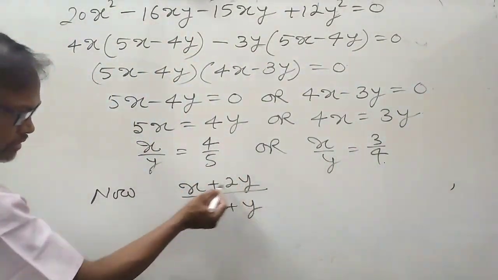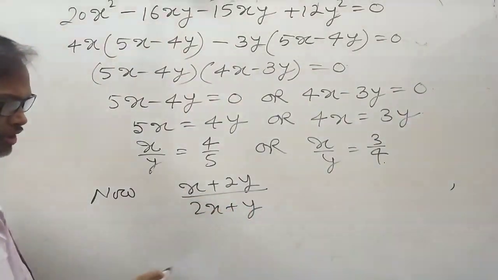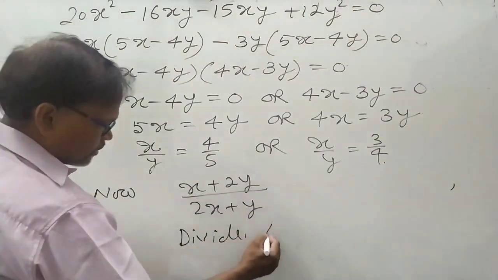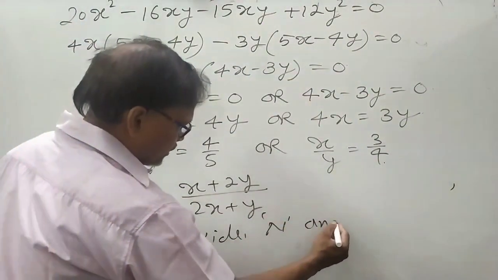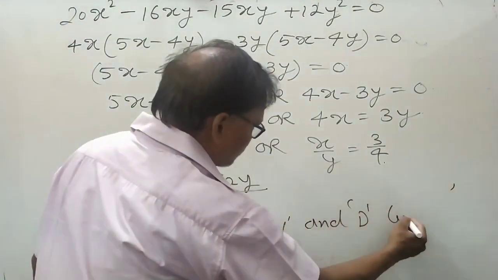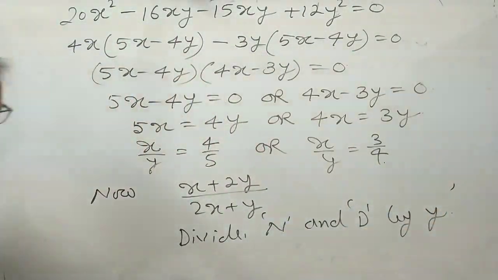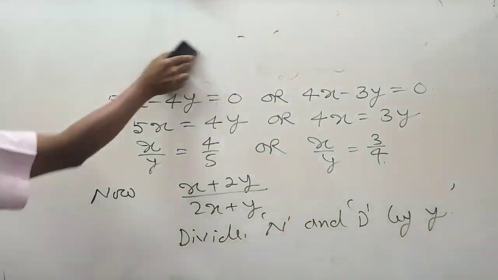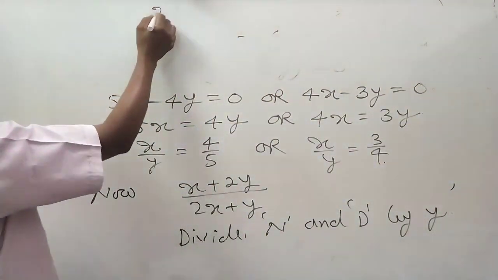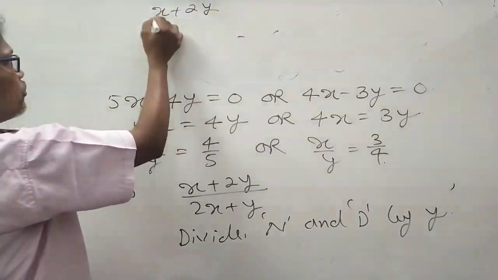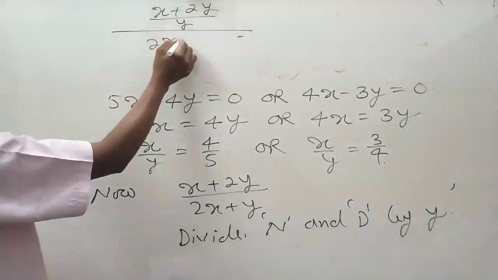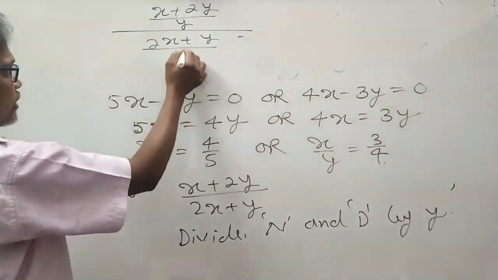If you divide the numerator and denominator by y, what will you get? (x plus 2y) whole upon y and (2x plus y) whole upon y.